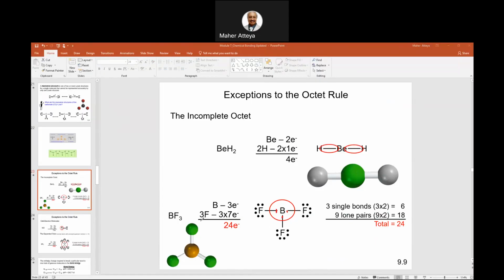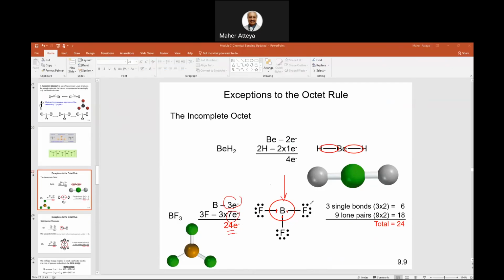So therefore, boron has 3 electrons, and fluorine has 7. Here's 7 multiplied by 3. So the sum of all the electrons is 24. So you have 3 single bonds, and you don't have an octet for boron. Boron has 1, 2, 3, 4, 5, 6. We always consider the octet rule for the central atom.